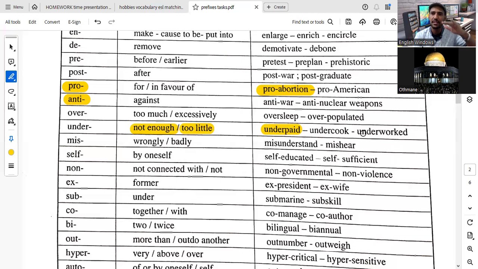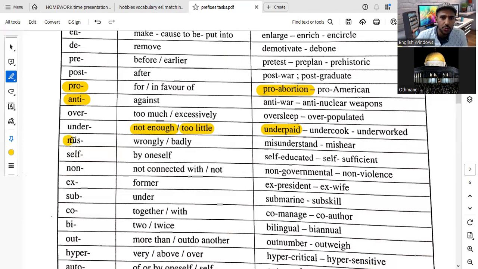Underworked again: these people who are underworked don't work enough, they don't make much effort, or they are not charged with much work, just like many other workers.